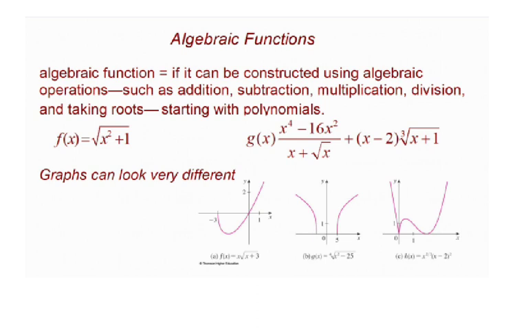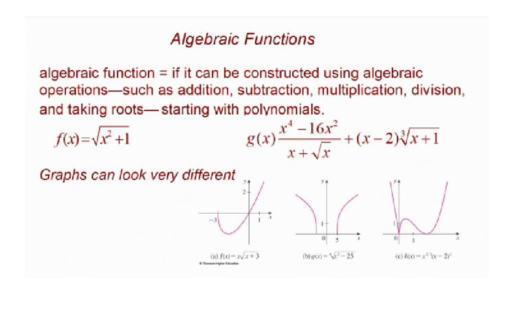So here's the graph of x, square root of x plus 3. And that doesn't look like anything you've seen, so that looks like a check mark to me. And then the next one is the fourth root of x squared minus 25.